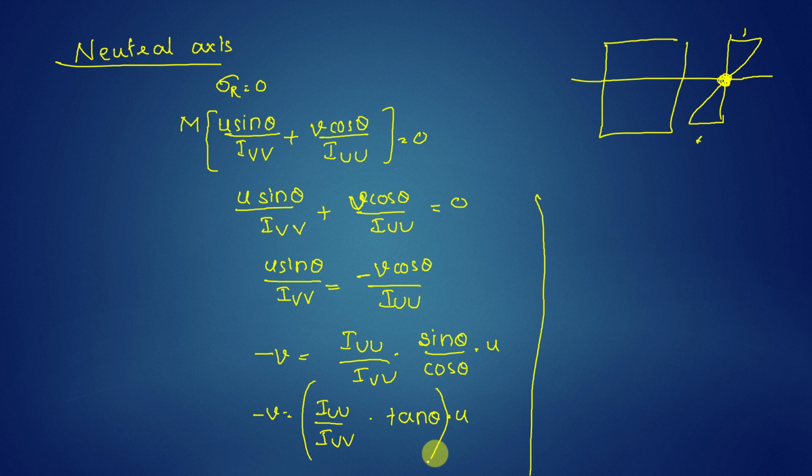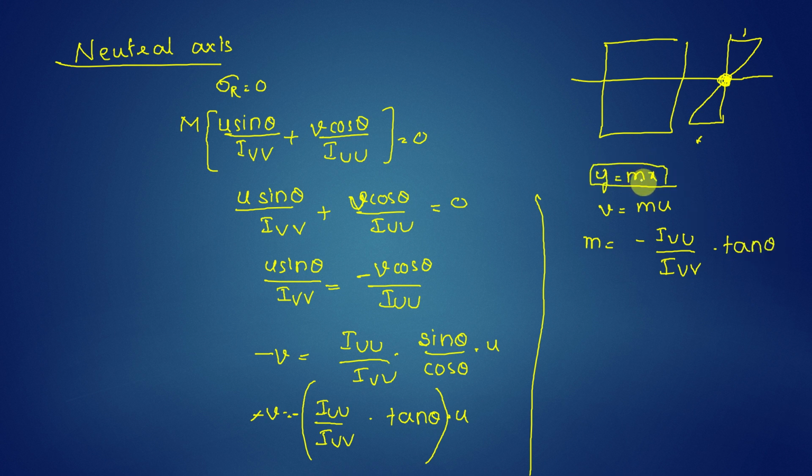Let me put it like this. It is in the form of y is equal to mx. That means v is equal to m into u. So let me put the minus here. If you take it like this, what happens to m? That is minus Iuu by Ivv tan theta. So y is equal to mx is a straight line equation where m represents the slope.